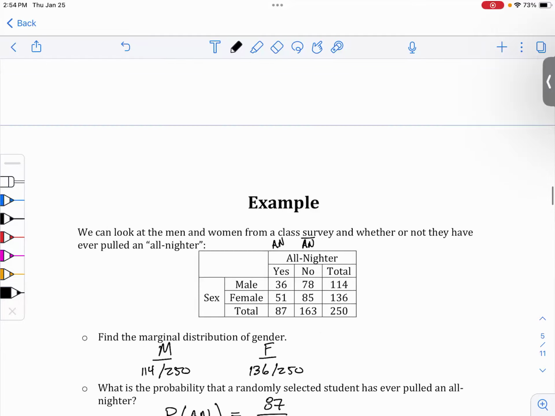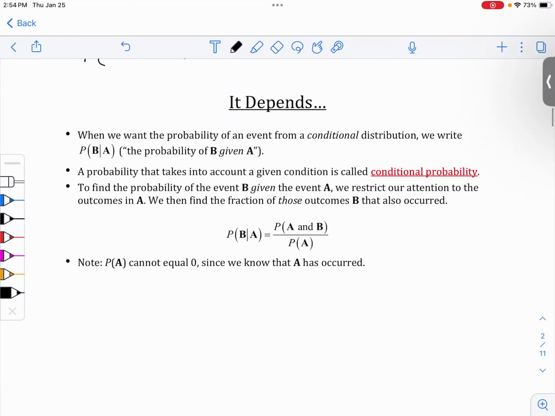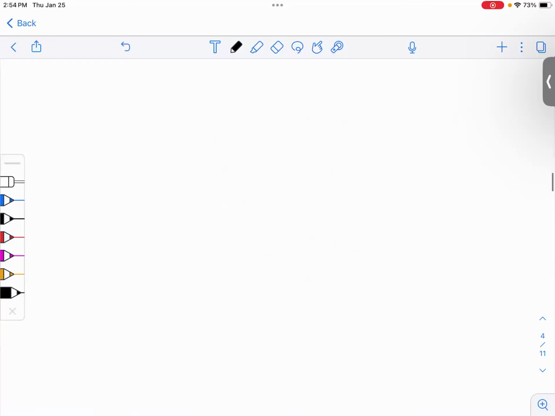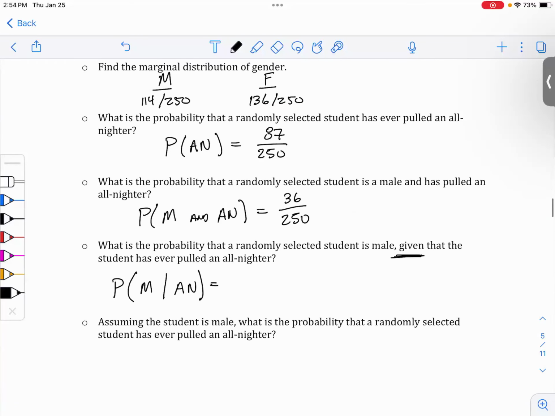So using the definition from above, the probability of B given A equals the probability of A and B divided by the given piece. Let's use that definition to find male given all-nighter. It says probability of M and AN divided by the probability of AN.